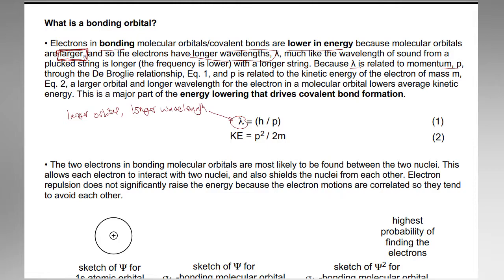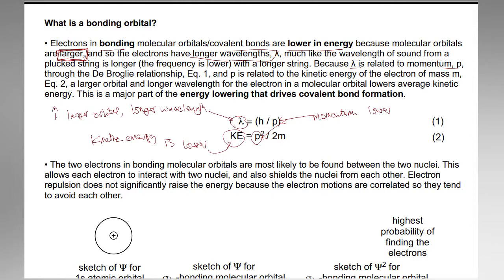If I have a longer wavelength, this means the momentum must be lower, because wavelength is reciprocally related to momentum. And if the momentum is lower, in both of these equations, Ke, meaning the kinetic energy, is lower also.